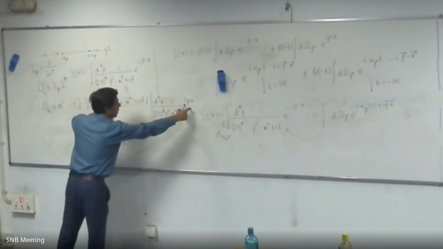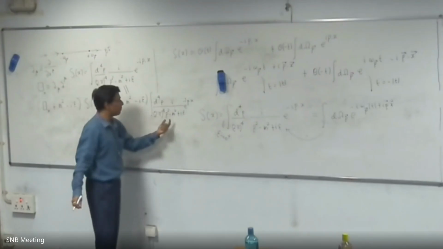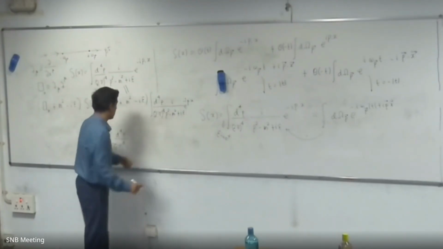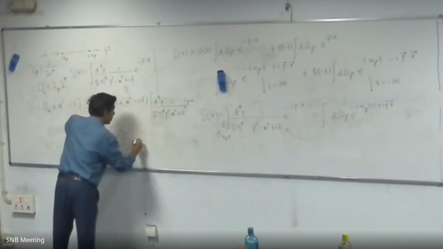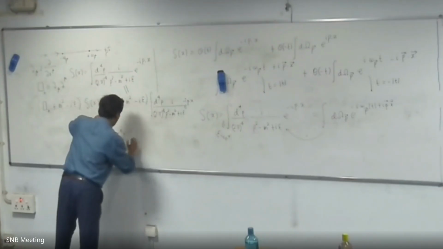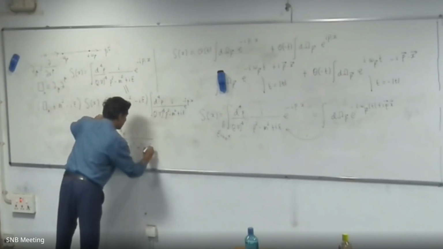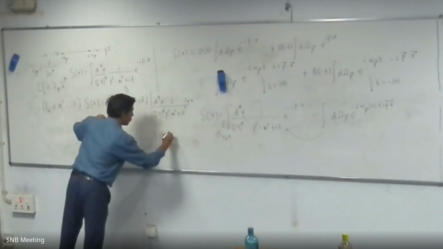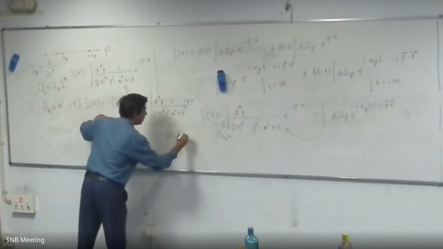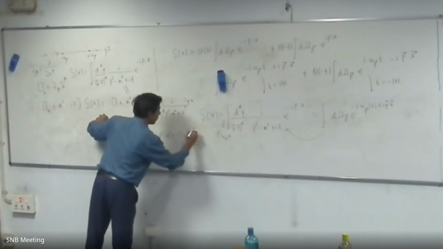When it acts on this factor, you will get precisely minus p square plus m square, so you get i times minus (p square minus m square) over p square minus m square plus i epsilon, times e to the power of minus i p dot x.